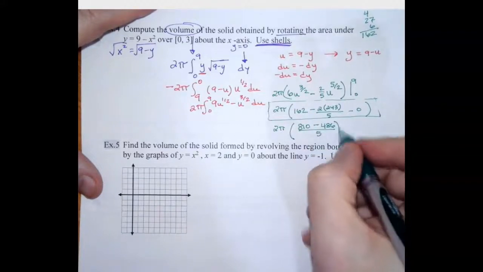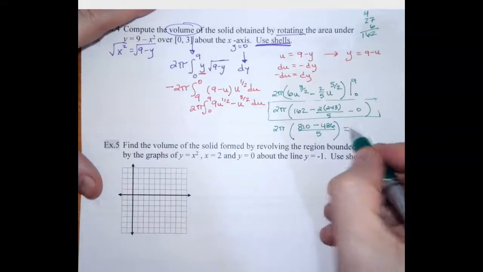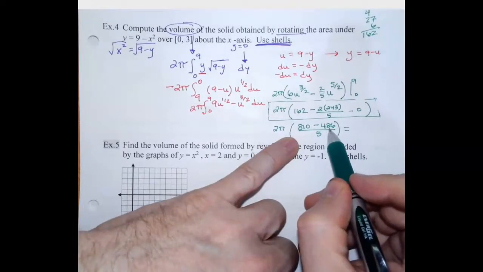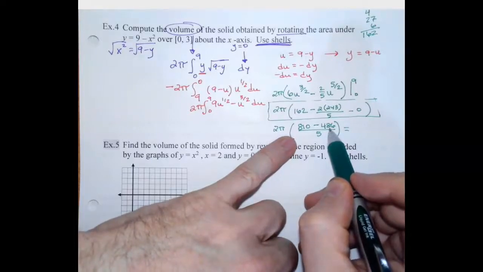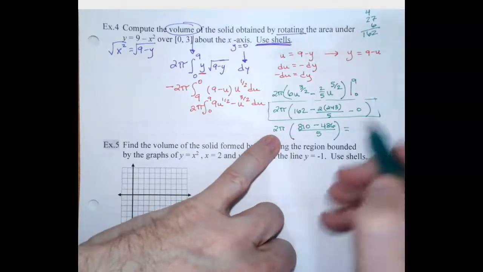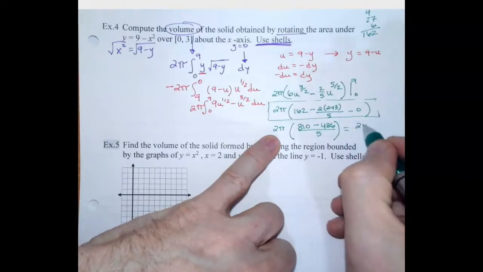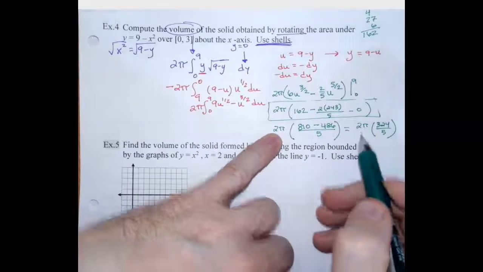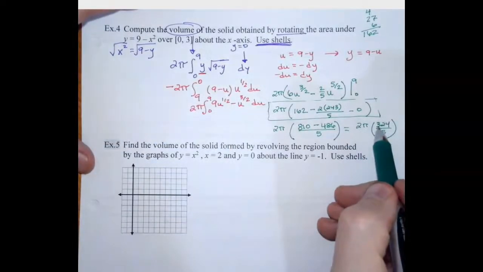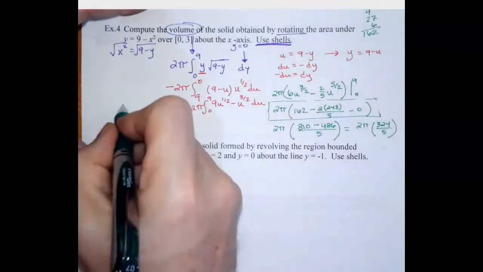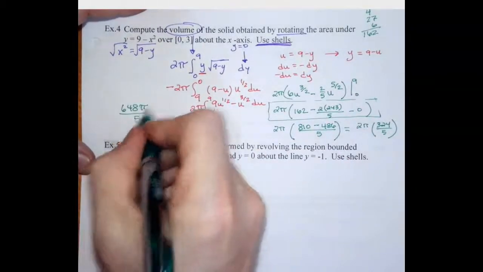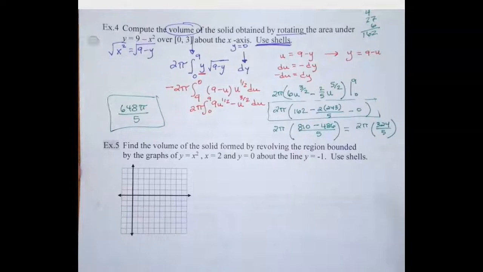Getting a common denominator there. So that is going to be 324 over 5. And then if we multiply that by 2, that's 648. So 648 pi over 5.